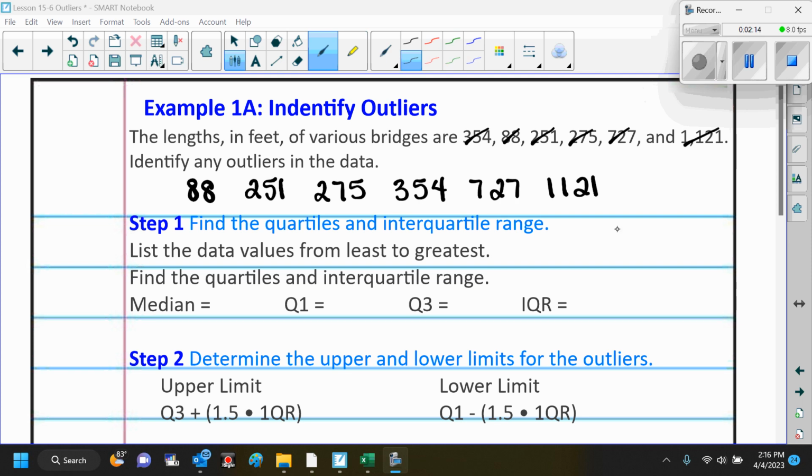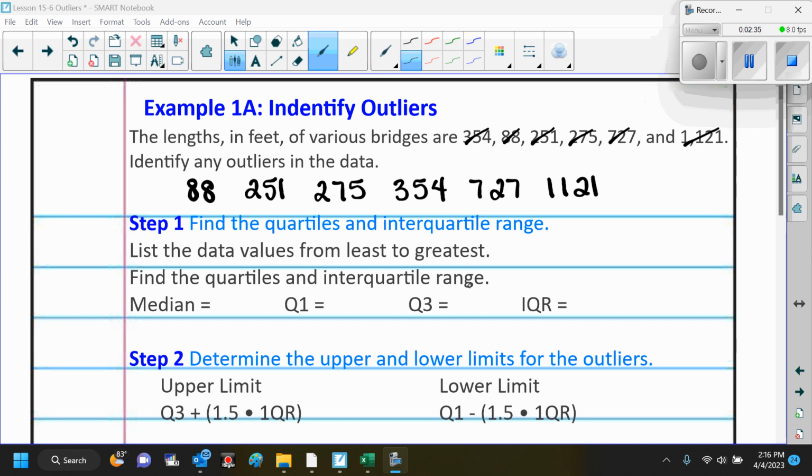So here is the data in order from least to greatest. Now when you look at this, you can say, obviously there are numbers that are far, far away, okay? But we need to prove our answer. So step 1 is to find the quartiles and the interquartile range.